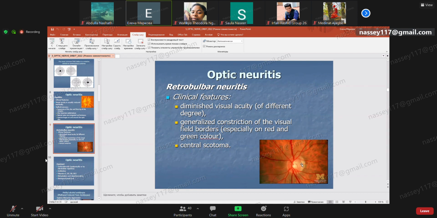They are diminished visual acuity of different degrees. So it may be a reduction of visual acuity up to 70%, 60%, or maybe up to 10%, or even up to light perception or light sensation. Next, generalized constriction of the visual field borders, especially for red and green color, and central scotoma.